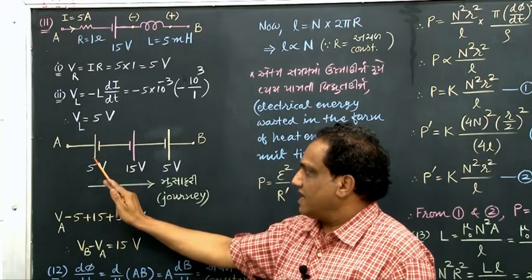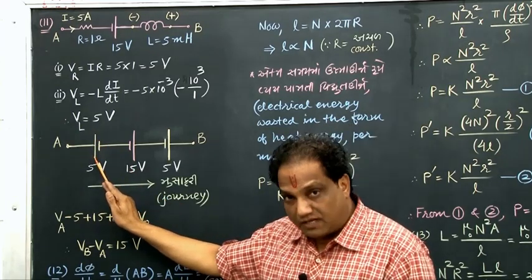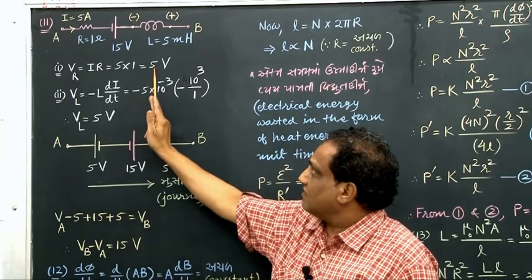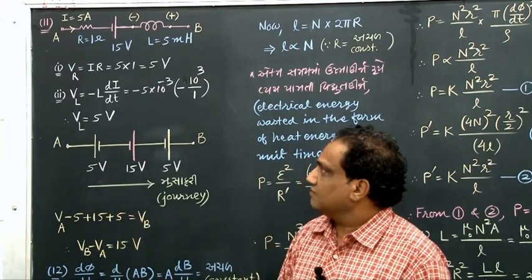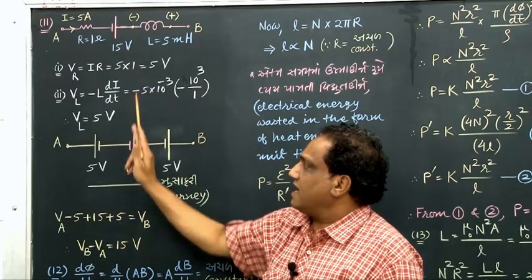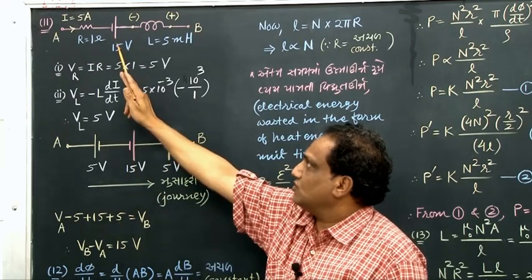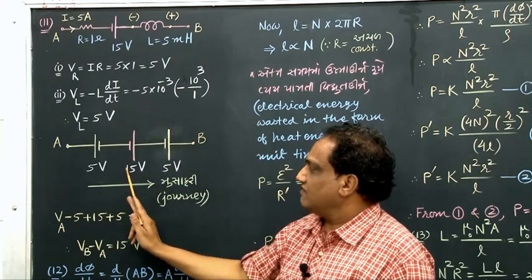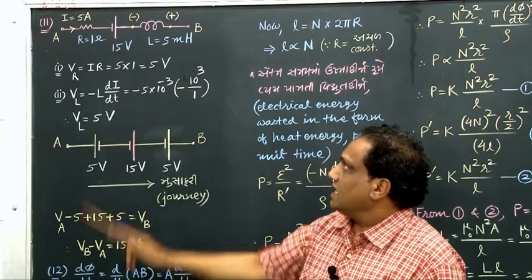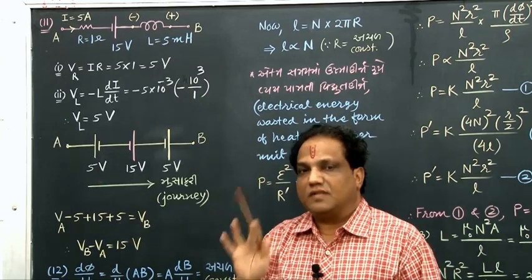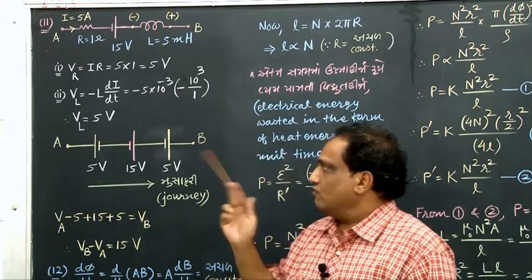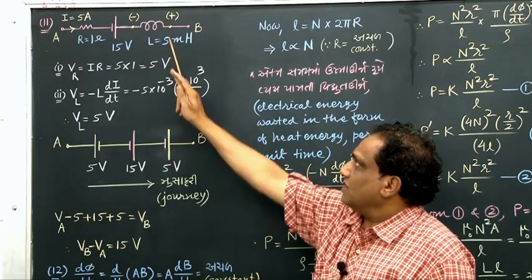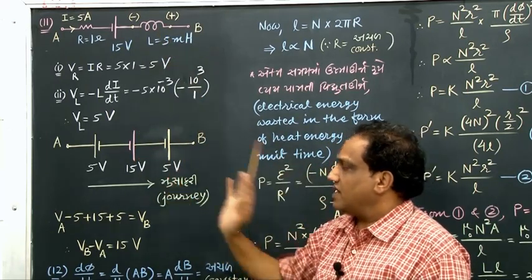That's why on the left end you should show the positive terminal and the right end as negative terminal, and the potential difference is 5 volt. This battery I have kept as it is. Okay, here also negative positive, here also negative positive. This is 15 volt, this is 15 volt. Okay. Now in place of this inductor, I am going to show a battery whose terminal voltage is 5 volt. Fine. So in place of this inductor, I have shown a battery.